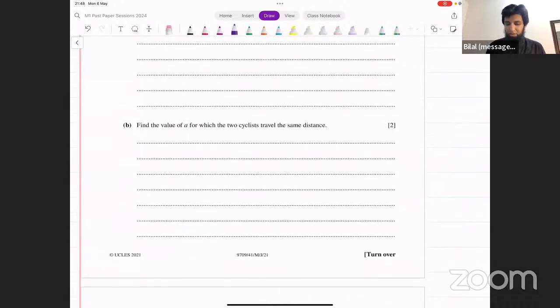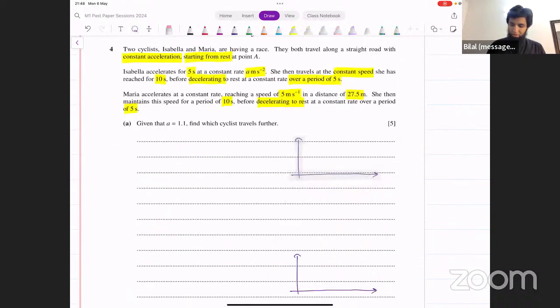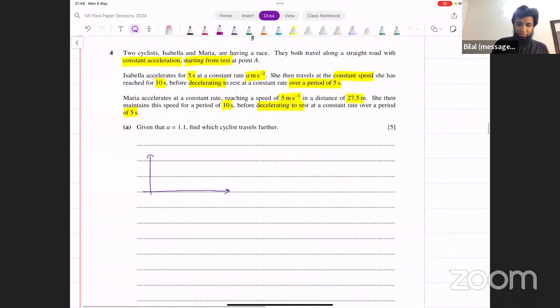So let's talk about Isabella first. I'll actually just do this up there, so we have all the numbers in front. How is she traveling?